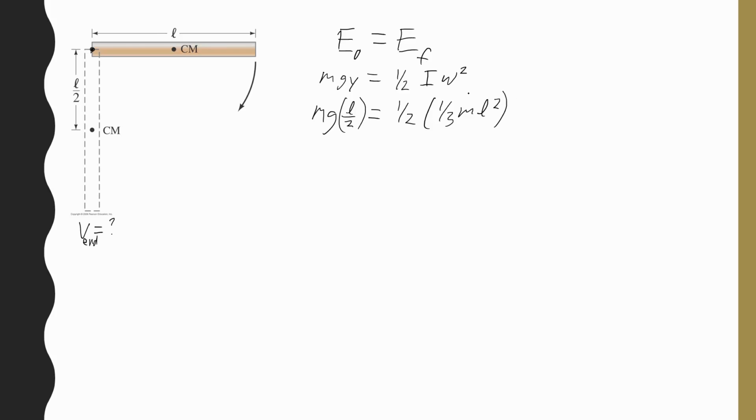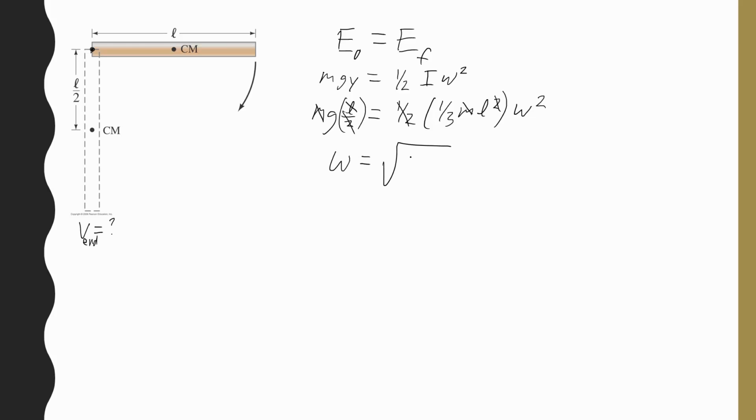And then we've got omega squared, so we can use this and solve for omega. We can cancel out a bunch of things. The m's cancel out. One of these L's cancels out. Oh, we can cancel out this half with that half. So if I solve this for omega, I'm going to get the square root.